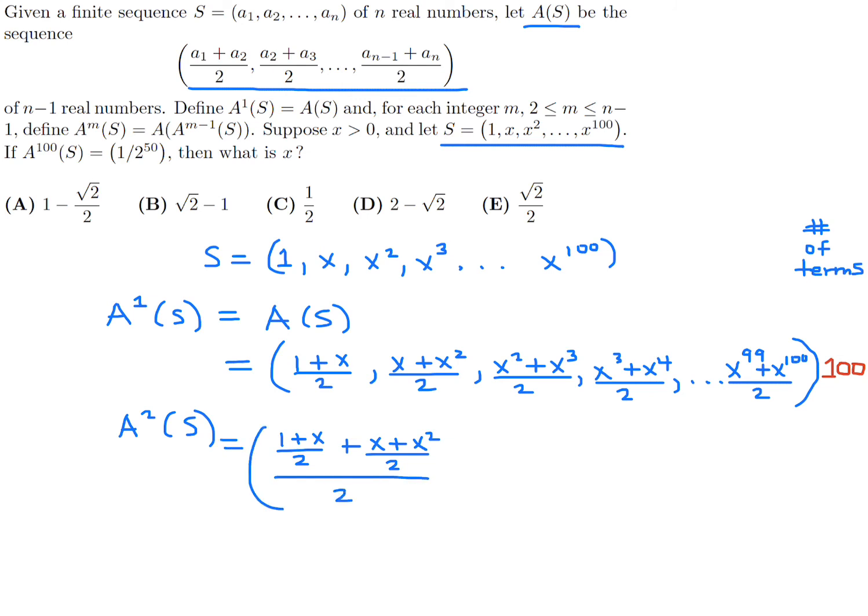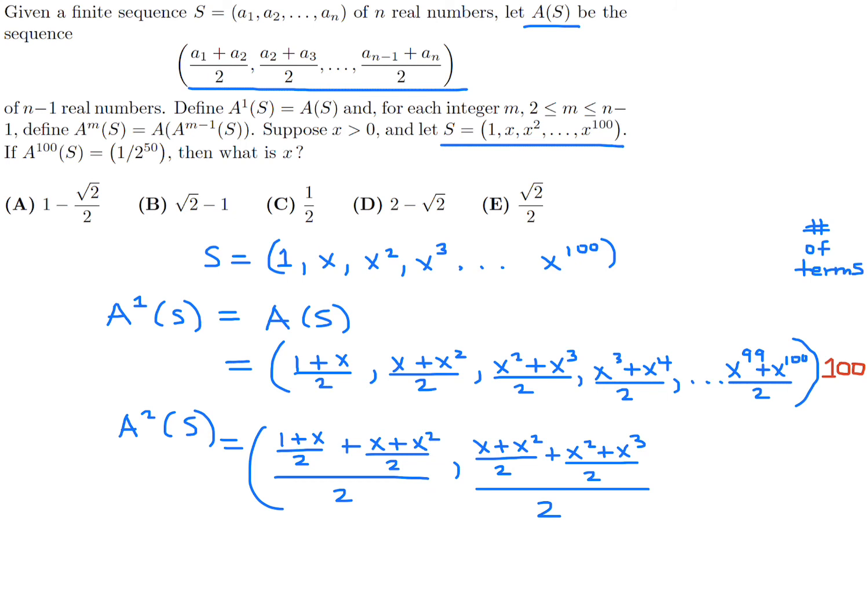Okay? That's the first one. Second one, the same way: (x plus x squared over 2 plus x squared plus x to the power of 3 over 2) all over 2. Correct? Following? No problem so far?